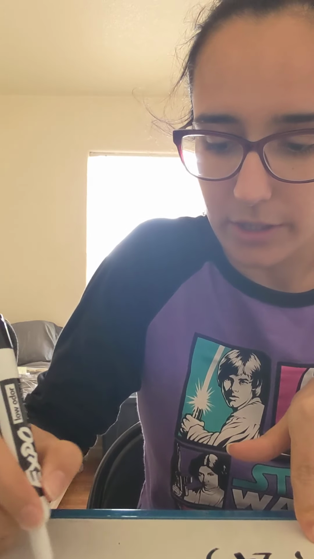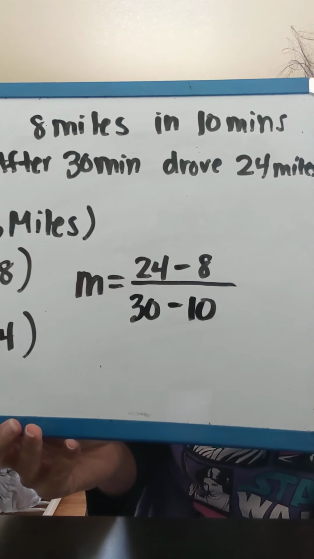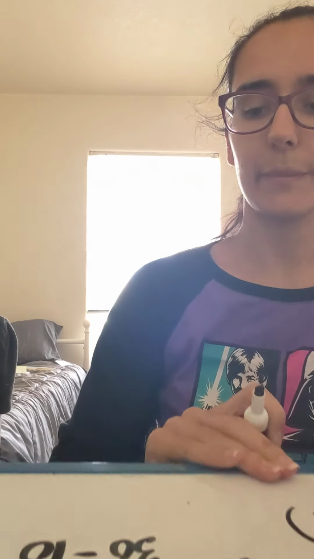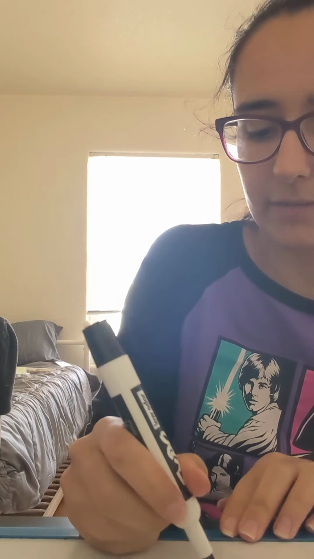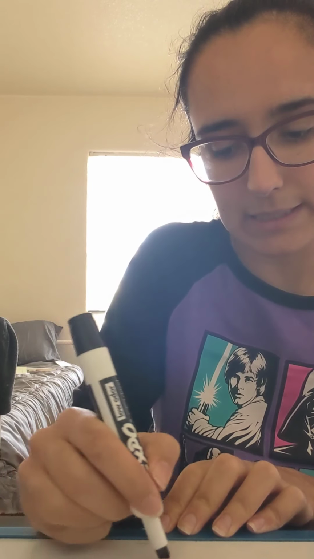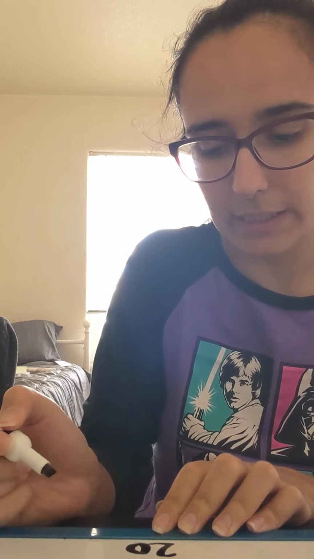Then x2 is 30, subtract 10. This is our setup. And now we just have to simplify. So 24 subtract 8 equals 16. 30 subtract 10 equals 20.